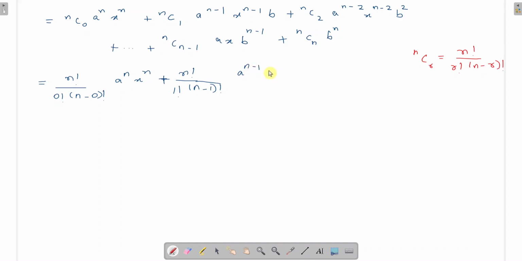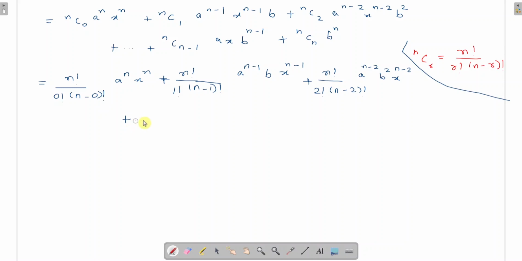Then we will write constants together. So a raised to n minus 1 multiplied by b, x raised to n minus 1, plus nC2 will be n factorial divided by 2 factorial multiplied by n minus 2 factorial, a raised to n minus 2, b raised to 2, x raised to n minus 2.